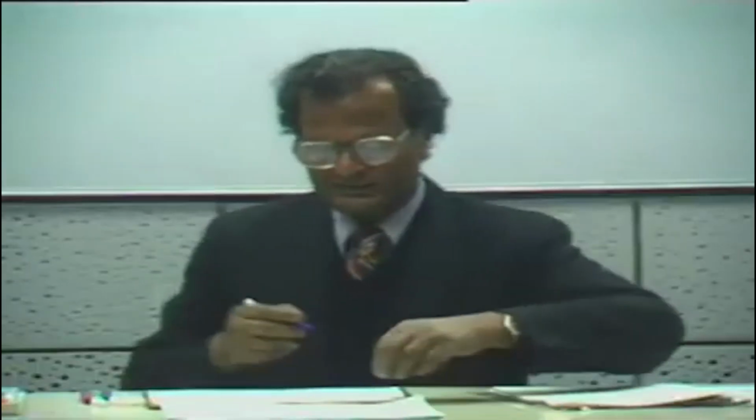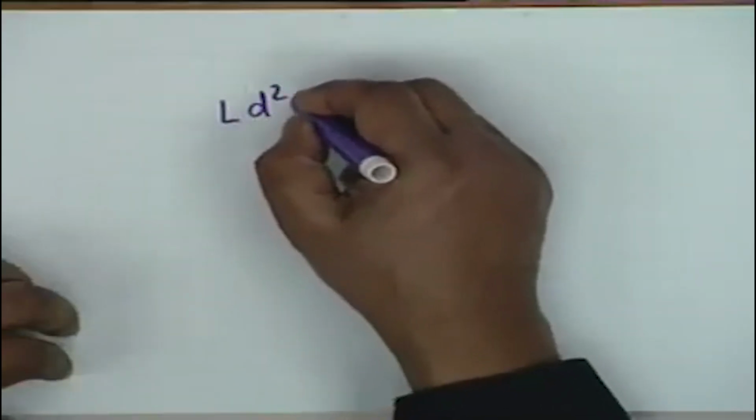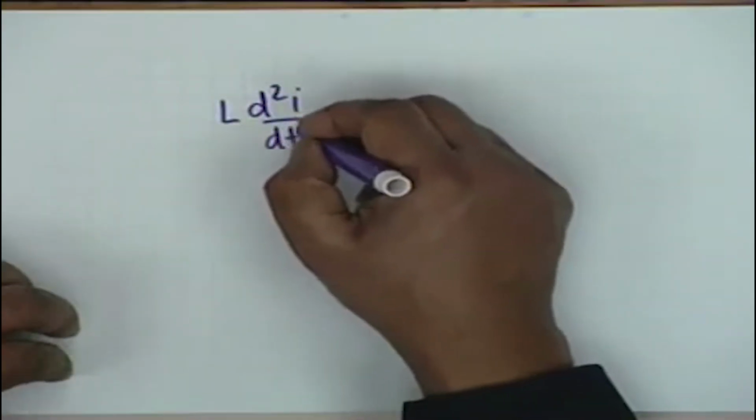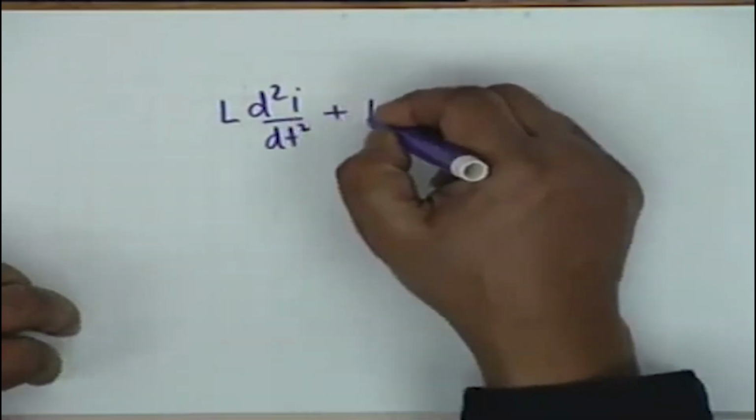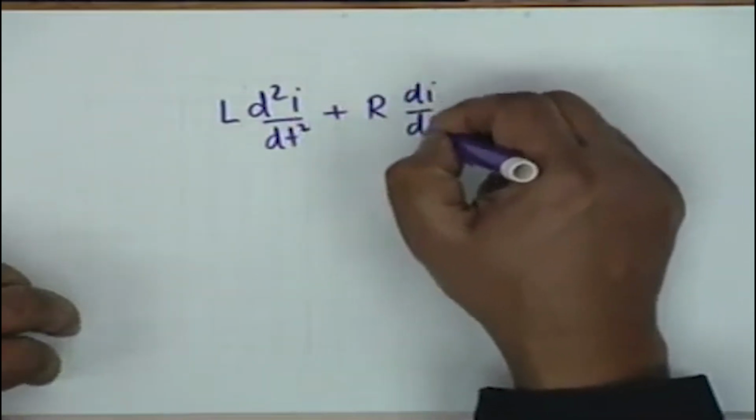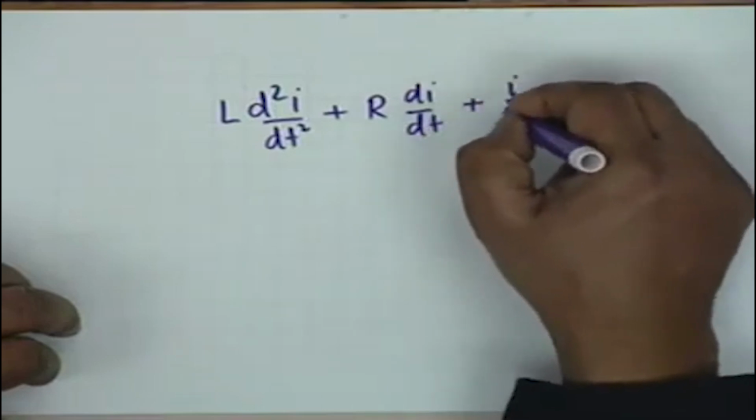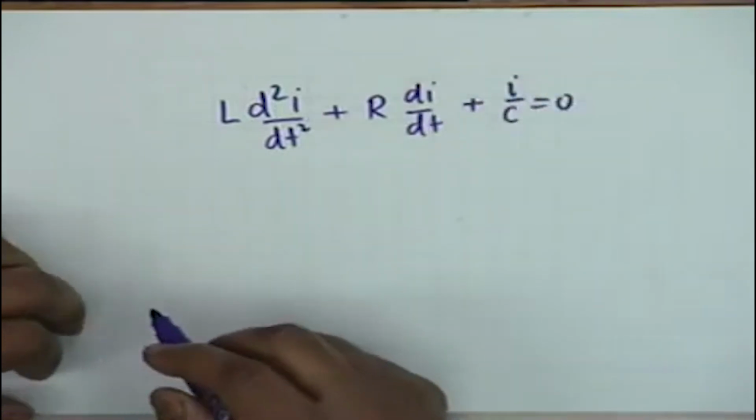Let us write this equation again: L d2i/dt2 plus R di/dt plus i/C equal to 0.